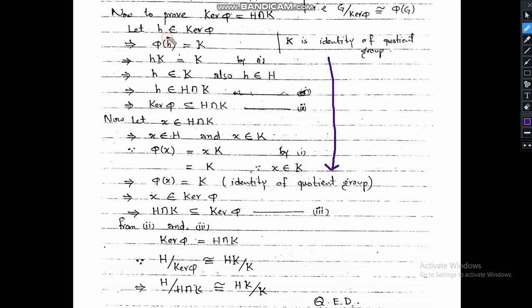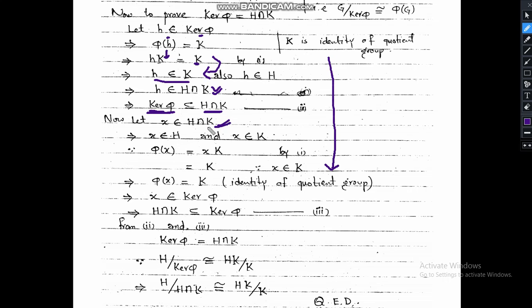And in this part we are taking any element h whose mapping is K, and here we are applying the property first, equation first, that will be equivalent to K, and here we are seeing that this h will belong to K. By this property we can say that this h belongs to K, because this h is belonging to H as well as it is belonging to K, so it will be available in H intersection K. So here we can say that the kernel of phi will be available in the intersection of H and K. The kernel of phi is the set of elements that will be a subset of H intersection K.